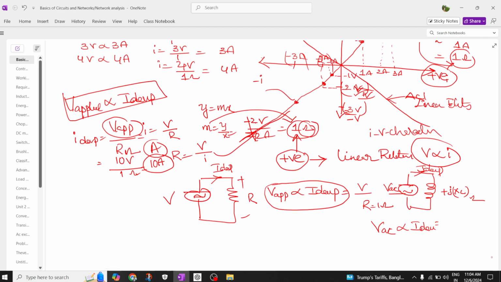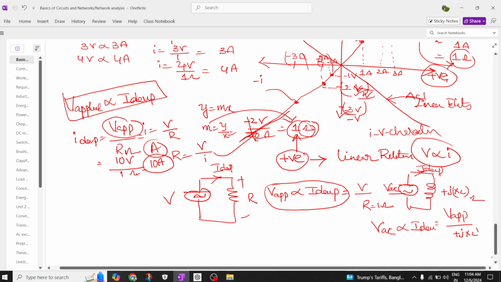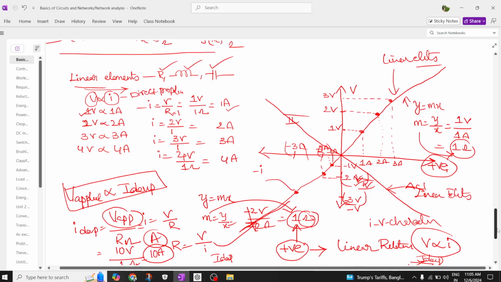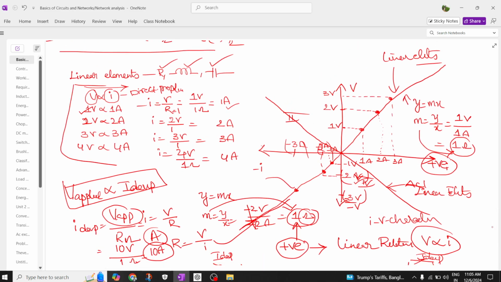Current developed is equal to voltage applied divided by ohms. This is ohms, this is voltage. Then what is developed? Current. I can say the relationship between applied voltage and developed current is proportional. That's what was already explained. This is the relation exhibited between the voltage and current for the resistive element, inductive element as well as the capacitive element.